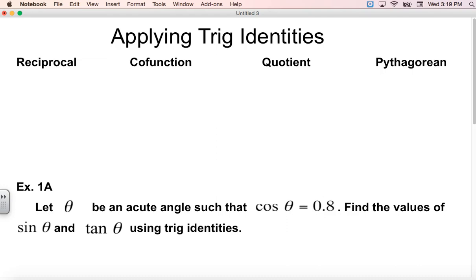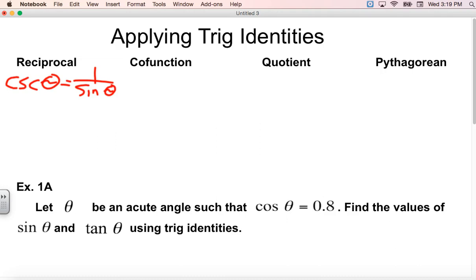All right, so let's look first at what are some trig identities. Well, some of them you already know. We call some of them the reciprocal identities, and essentially all the reciprocal identities are the ones where we know that the cosecant of theta is going to be 1 over sine theta, right? We talked about how sine is y and cosecant is 1 over y, right?